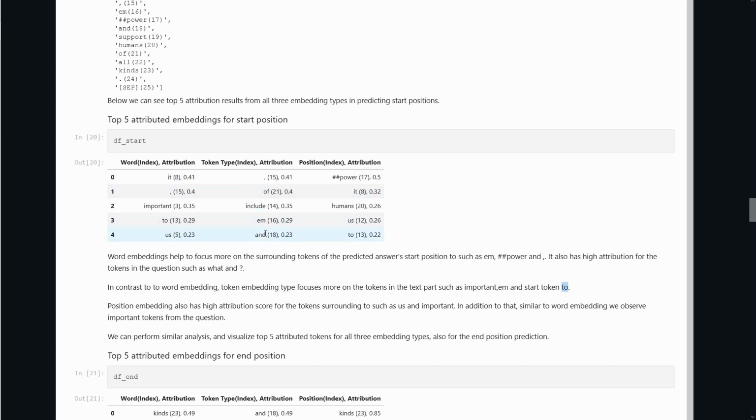There's no start token 2 in the top 5. And the position embedding also has high attribution scores for the tokens surrounding, such as "us" and "important". "Us", again, is in position number 4 from the top 5, and "important" is not at all in the top 5.